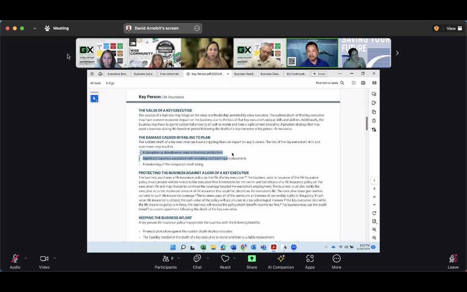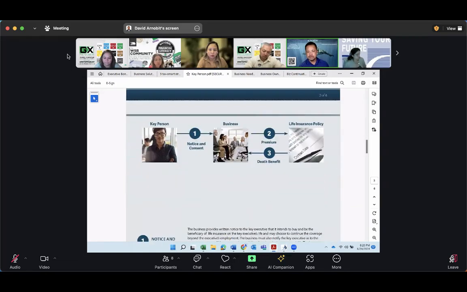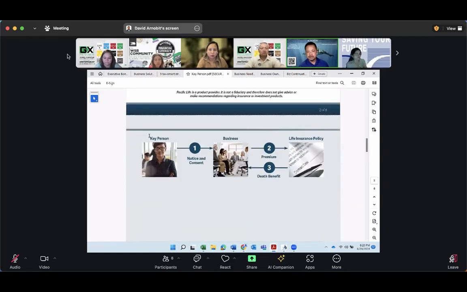So to be able to put a proactive plan in place, here's how it works. Don Don is my key person. He brings in 75% of my business. I've given him an executive bonus because I don't want him to leave, right? I'm trying to incentivize him to stay. I want to invest in his future. And at the same time, I've got to put a safety net in for my own company.